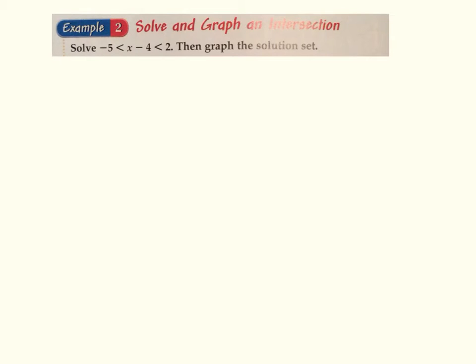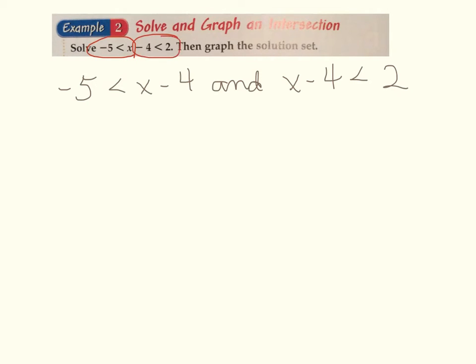This is the same thing as saying -5 is less than x minus 4, and x minus 4 is less than 2. Be careful when you do these that you don't break up the x and the -4. Some people, when they first start to do these, think that the x goes with the -5 and the -4 goes with the 2, and that's not the case. You don't want to think of it like that.